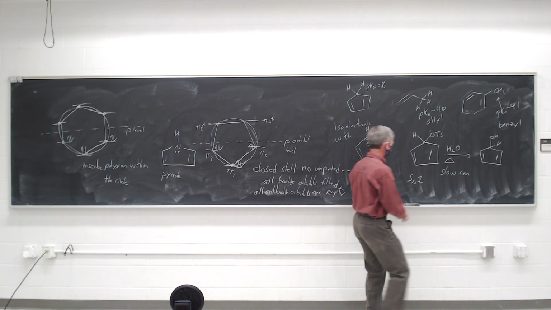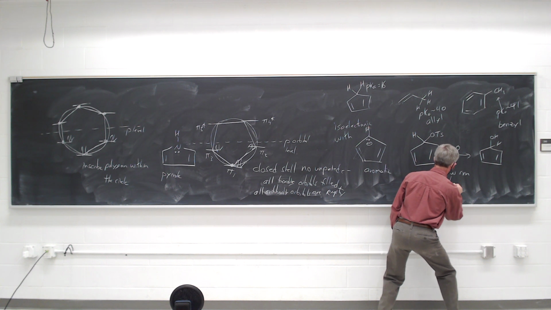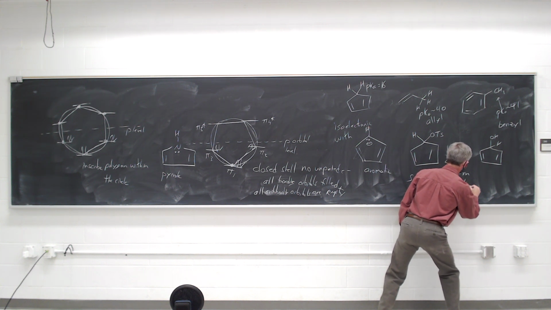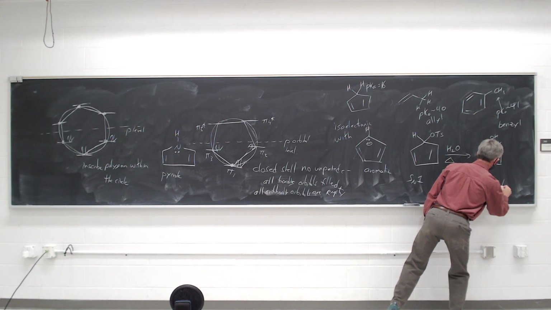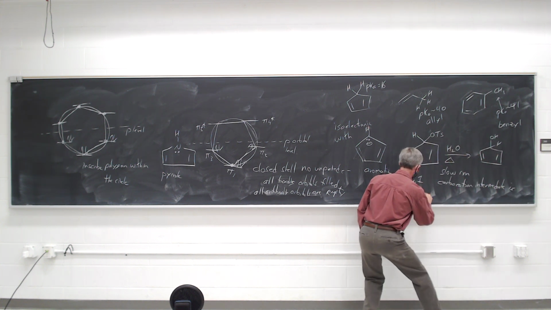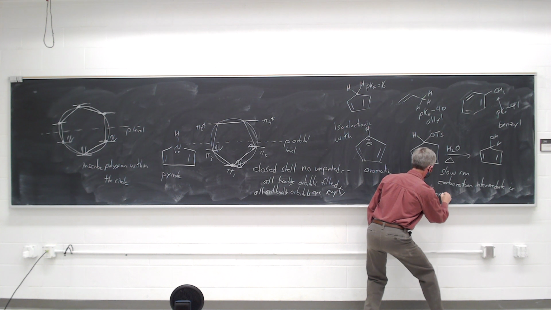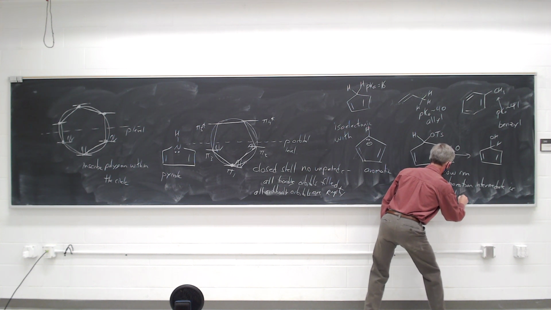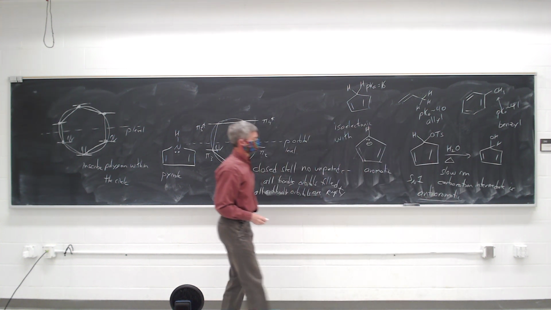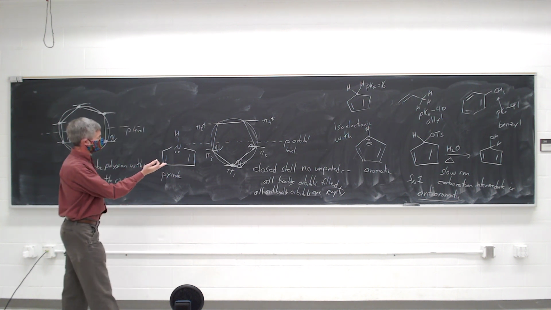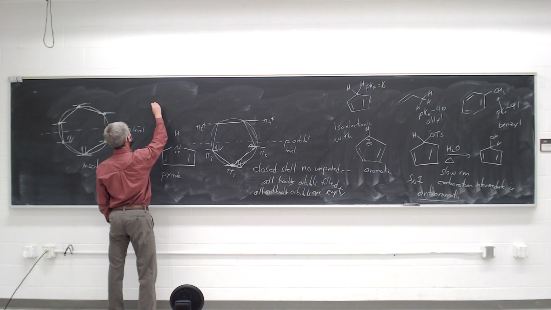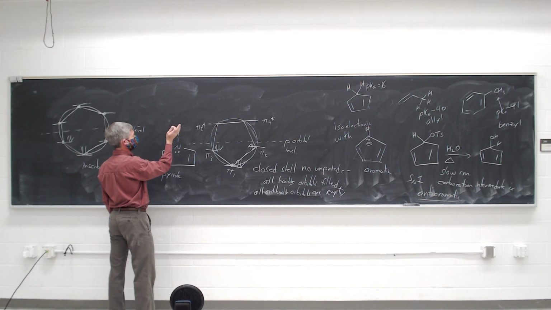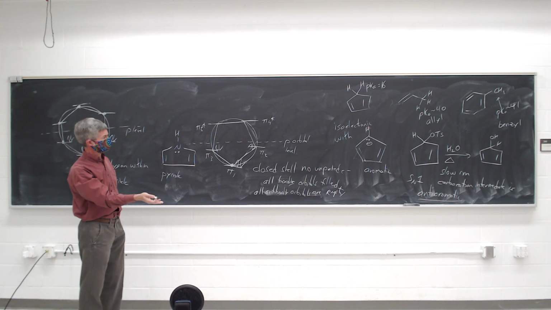The carbocation intermediate is not very stable. And that is because the carbocation intermediate is anti-aromatic. Cyclopentadienyl anion is stable, but cyclopentadienyl cation is not. So what does cyclopentadienyl cation look like?